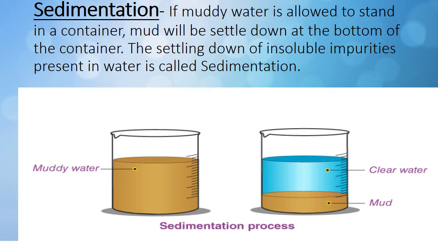So the settling down of insoluble impurities present in water is called sedimentation. As you can see in the picture on the left side, first we had muddy water. We wait for some time, and after that the mud settled down, and at the top we had clear water. So this is the first method of getting rid of insoluble impurities.